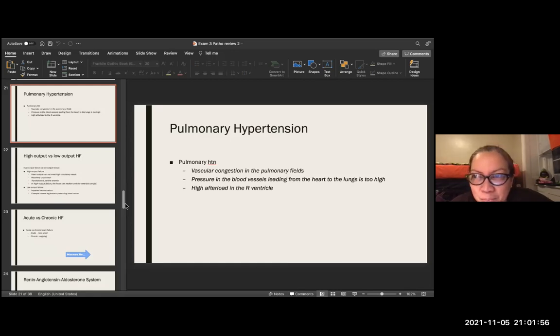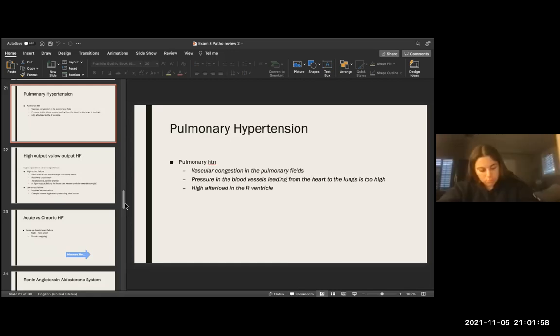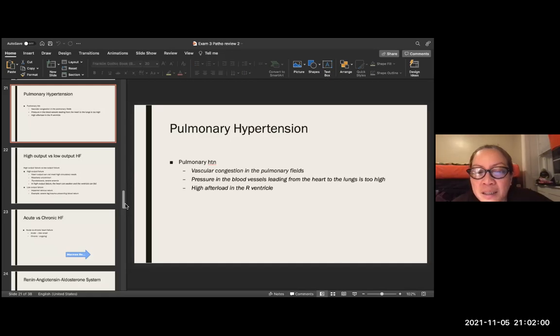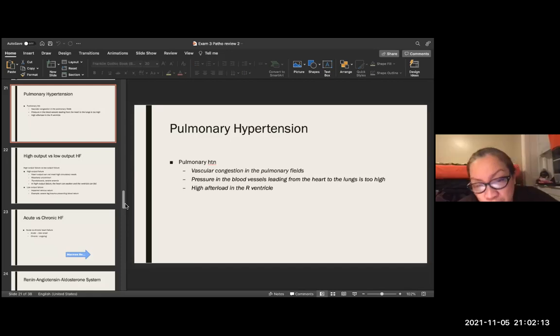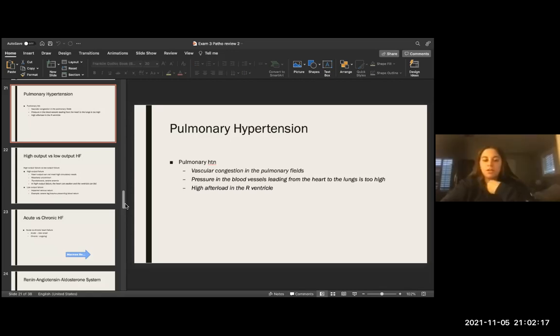That's why the afterload is high, meaning it has to pump more because of the blockage. And there is high pressure because there is vasoconstriction of the blood vessel. If there's a blockage, then it's slow blood flow to the lungs, right?